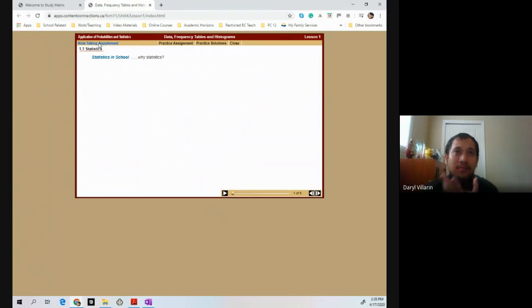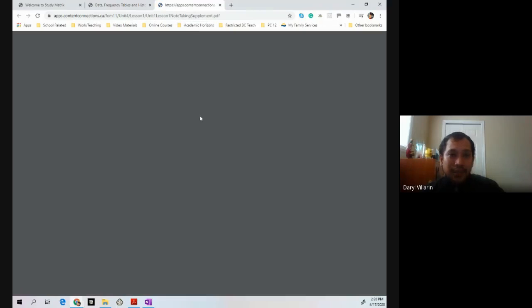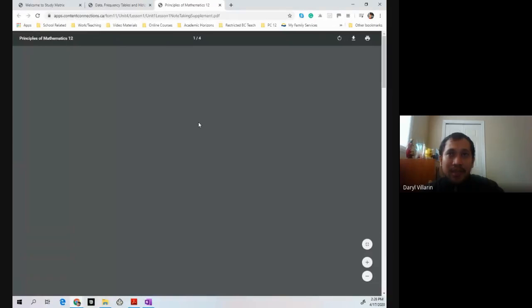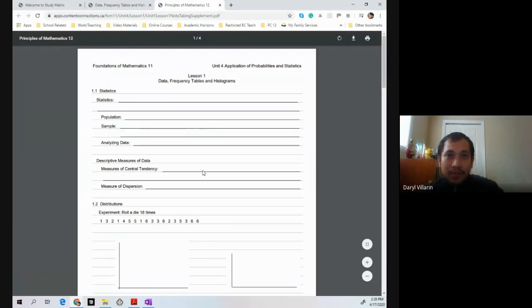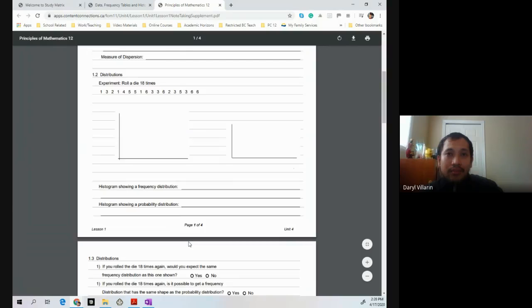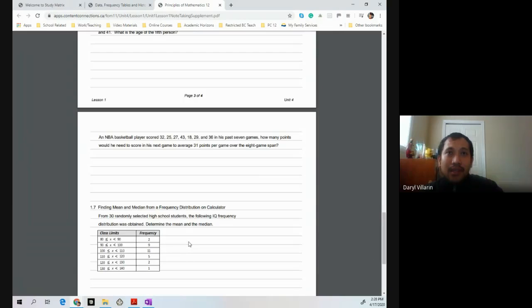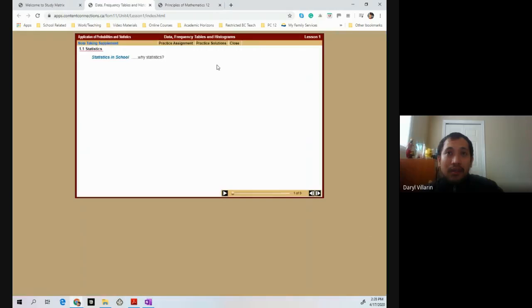If you want, you can print this one out because it gives you a guide. Again, for now this is for free. I'm not sure if everything will stay that way. I think they will try to close this one out. But for now, this is for free. This is a note-taking template for that particular lesson. And it has also some practice assignment.